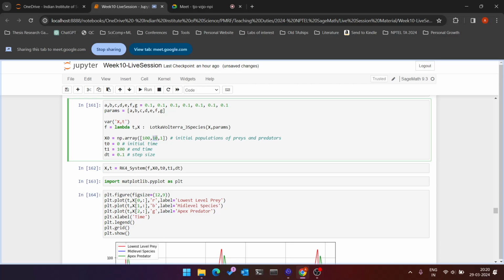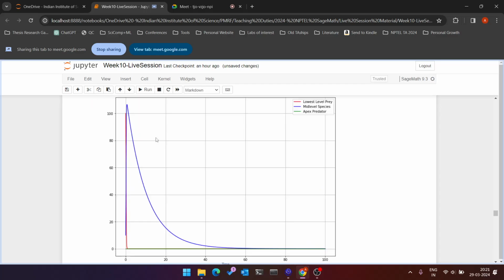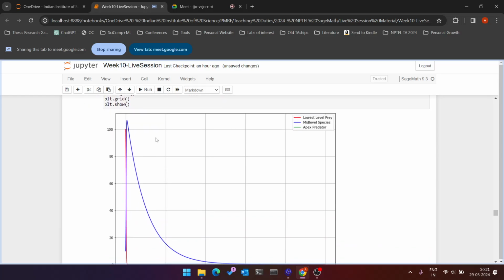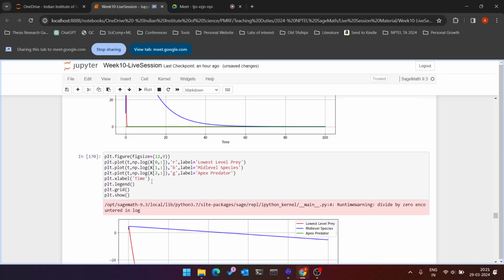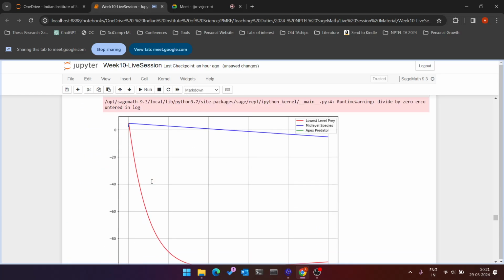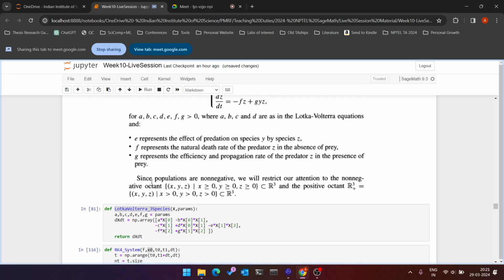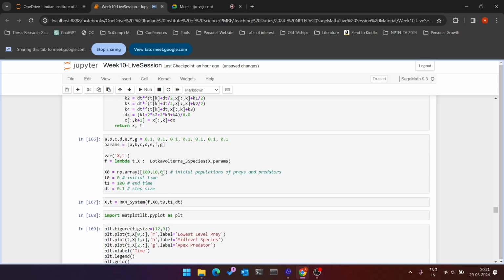And suppose, just out of curiosity, no top level predator. Does this work? Or what I'll do is reduce the top level predator to a very small non-zero value.